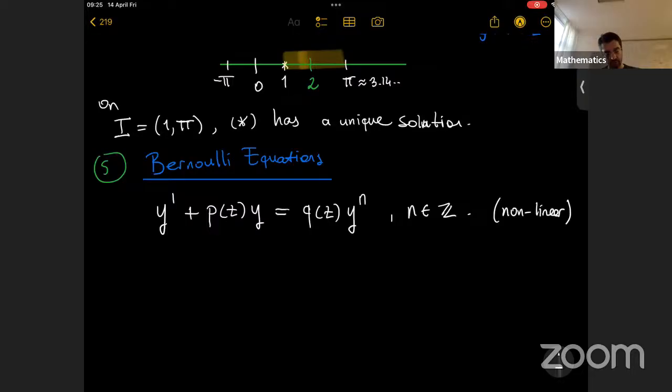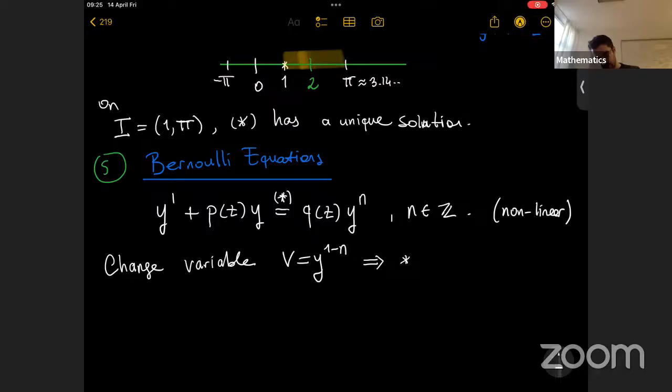So what you do here is change the variable. V is equal to y to the 1 minus n, okay? And then this equation becomes a linear equation and you solve it, okay? The star here becomes linear and solved.